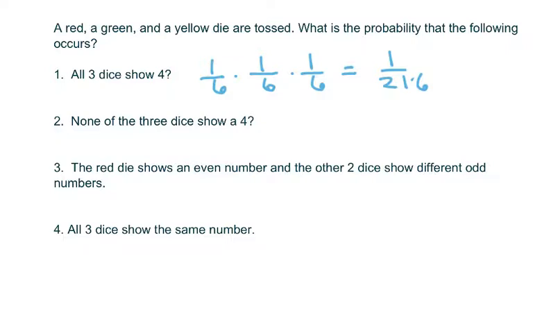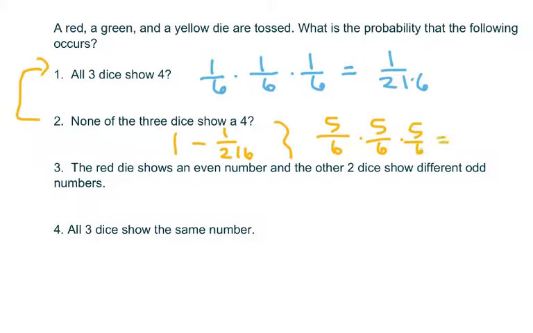Now, none of the dice show a 4. So this is like not this one. And if you want, you could just do 1 minus 1 over 216. Or you could just say, well, not to show the 4, that would be 5 over 6 times 5 over 6 times 5 over 6, which equals 125 over 216.